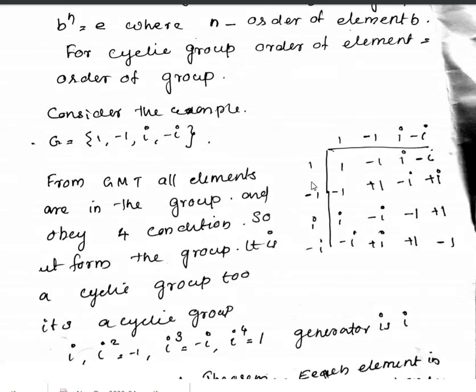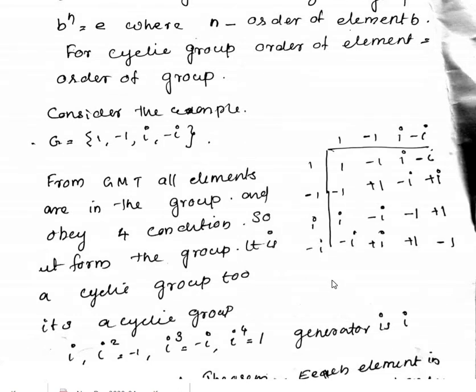So these are the elements, nothing but 1, minus 1, i, minus i. So this obeys the closure property, and also an inverse is there, and it obeys all the 4 axioms for a group. So this set {1, minus 1, i, minus i} also forms a group.